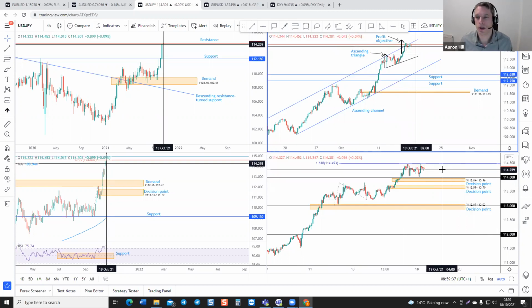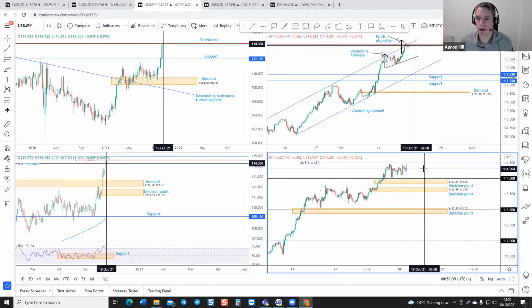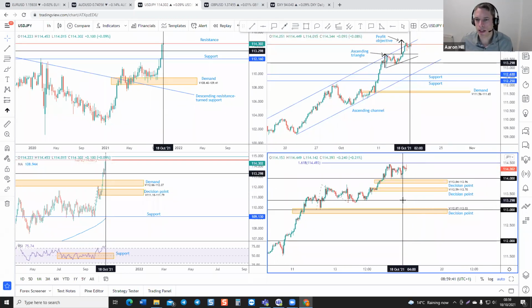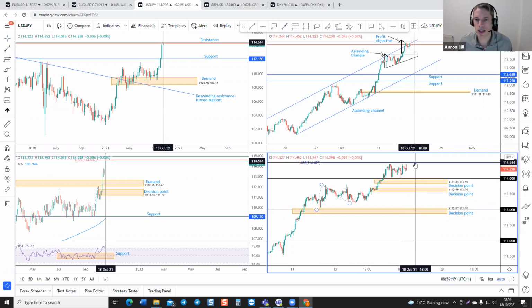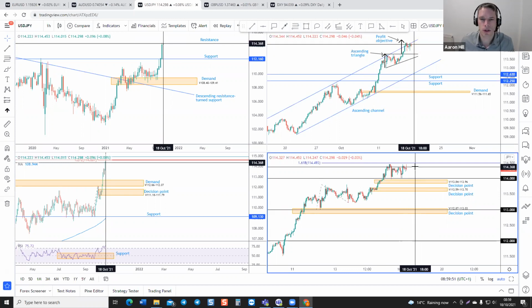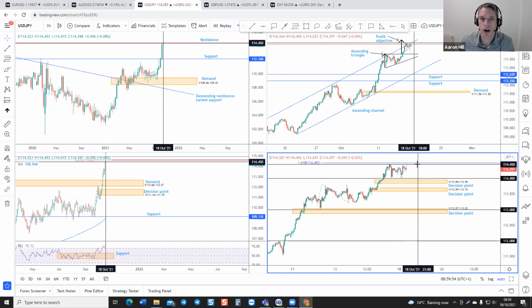And on the H1 time frame, at this point here, we have recently bounced from the 114 figure, as you can see on the H1 time frame, and are now approaching the 1.618% Fibonacci projection at 114.49.